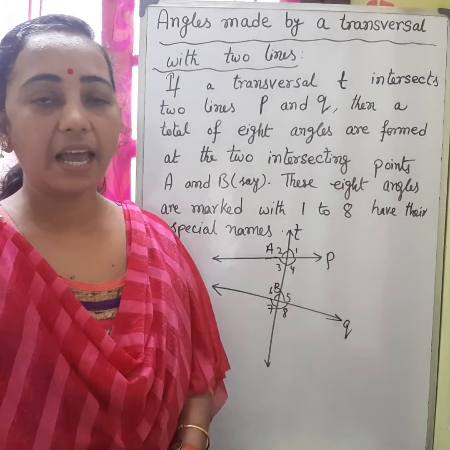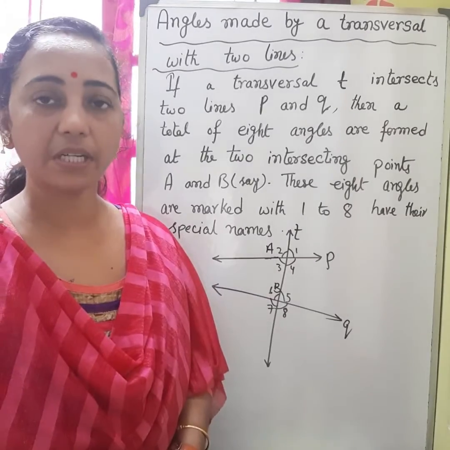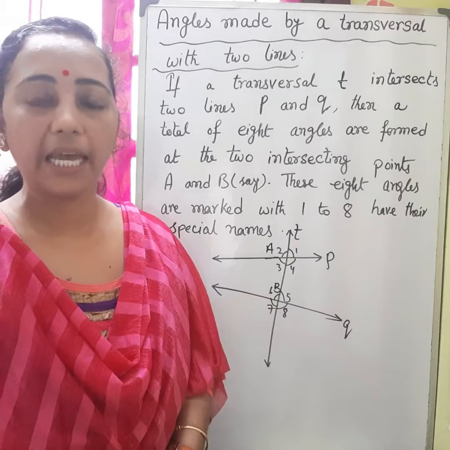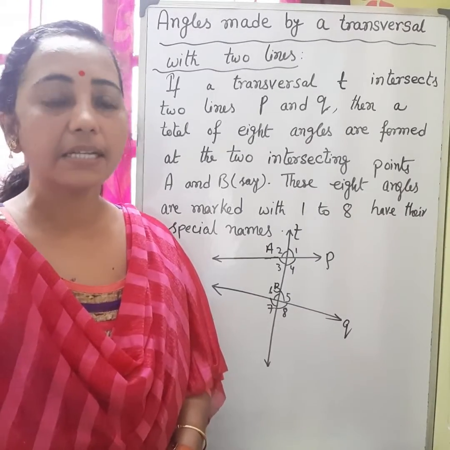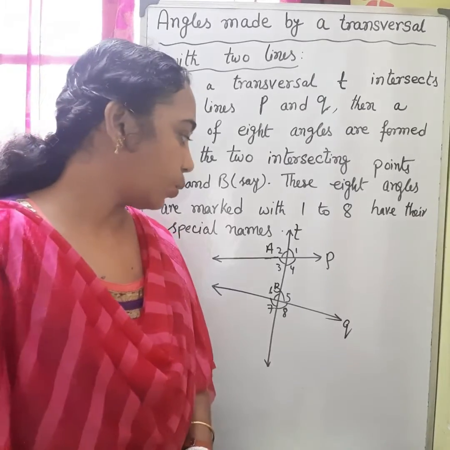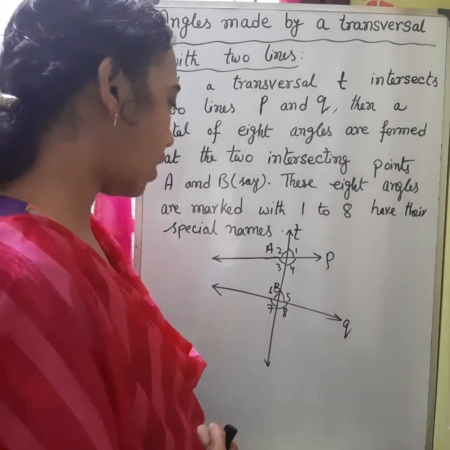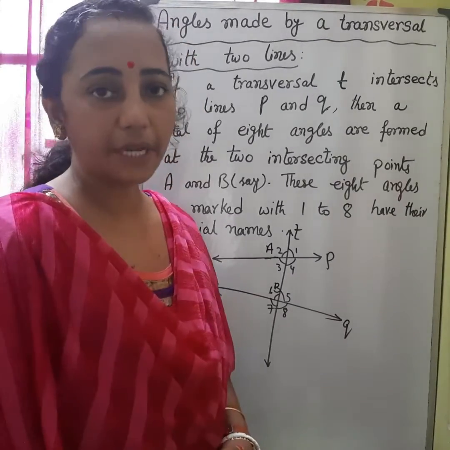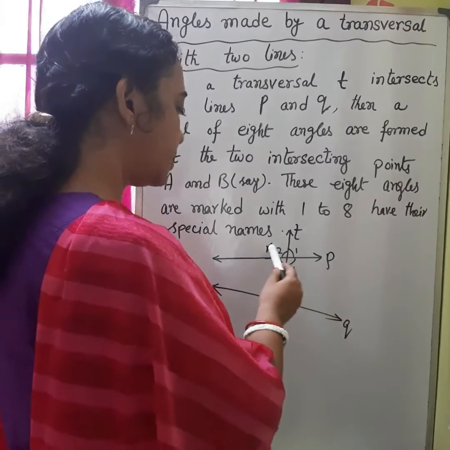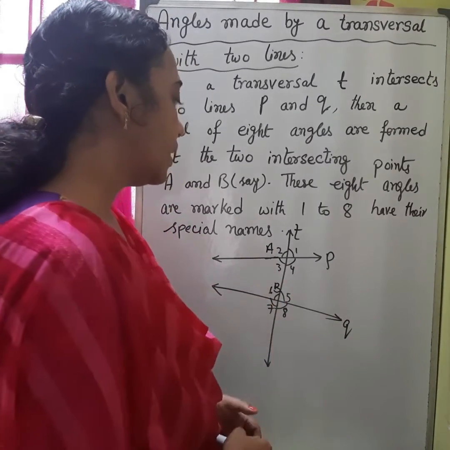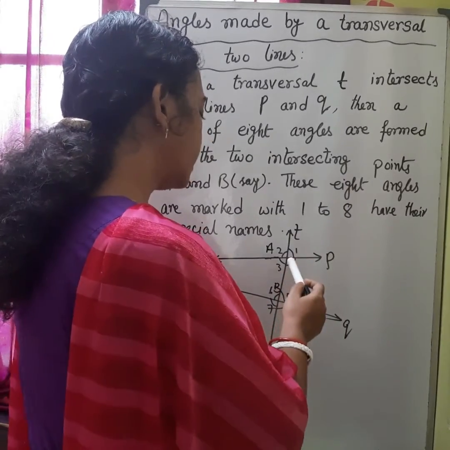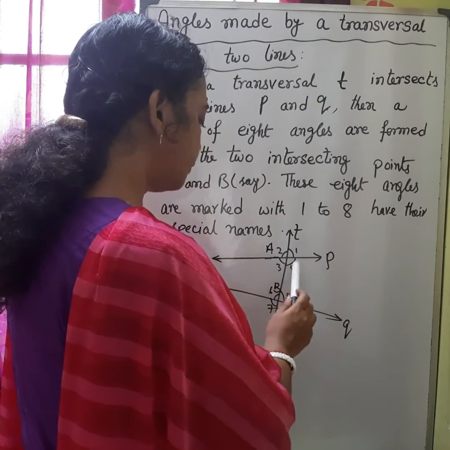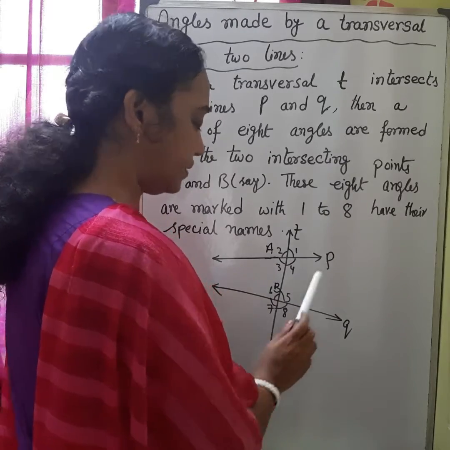Now let us see angles made by a transversal with two lines. If a transversal T intersects two lines, say P and Q, then a total of 8 angles are formed at their points of intersection, that is at points A and B. These 8 angles are marked 1 to 8, that is angle 1, 2, 3, 4, 5, 6, 7, 8.